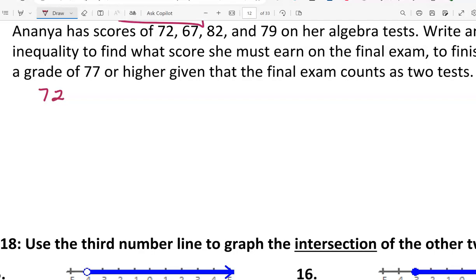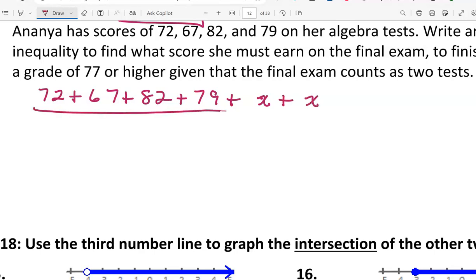So we've got averaging, which happens by adding the 4 tests and the 2 tests that we don't know. We don't know what the score is on the final exam, but we're going to count that as 2 tests. That'll give us a total of 6 tests. So we'll divide that total by 6. And then we want to get a grade that is greater than or equal to 77.